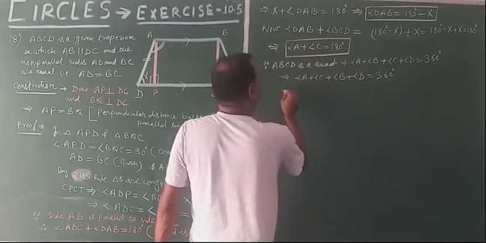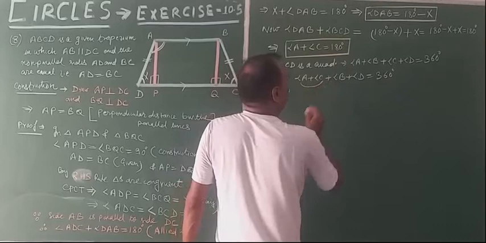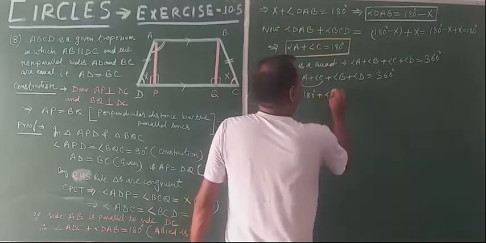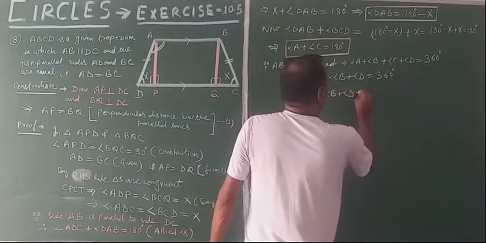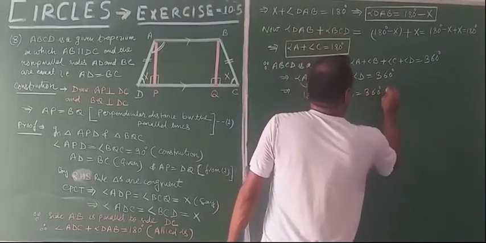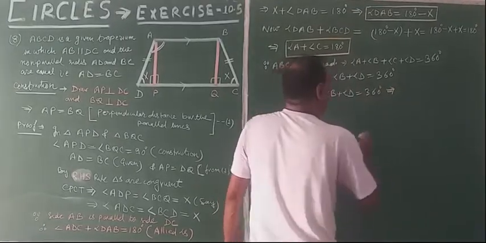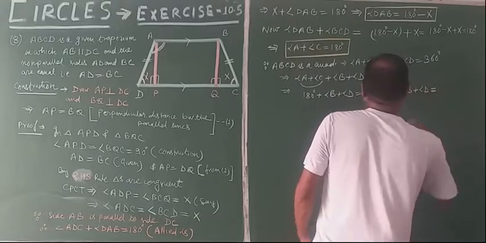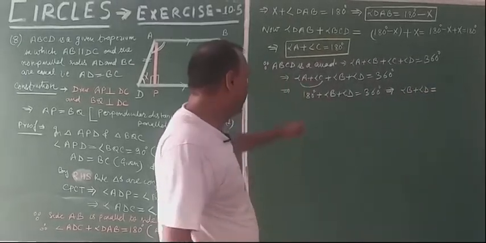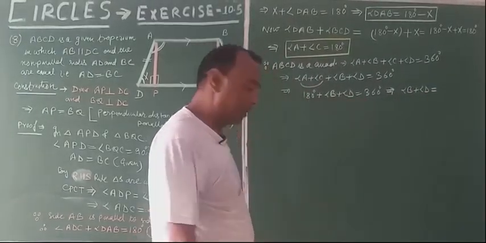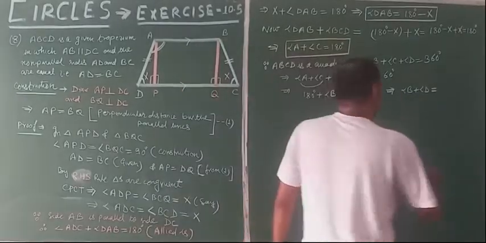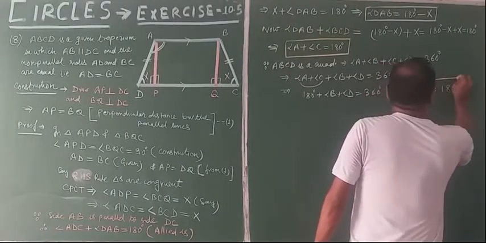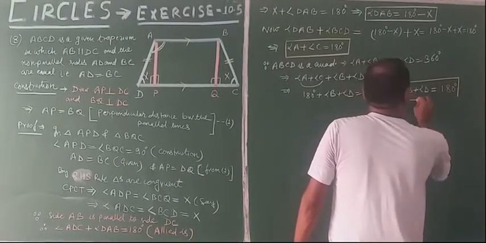So angle A plus C was 180 degree, 180 degree plus angle B plus angle D is how much? 360 degree. So therefore, angle B plus angle D will be, now this 180 will come here, so 360 degree minus 180 degree, you will get again 180 degree. Is it there?